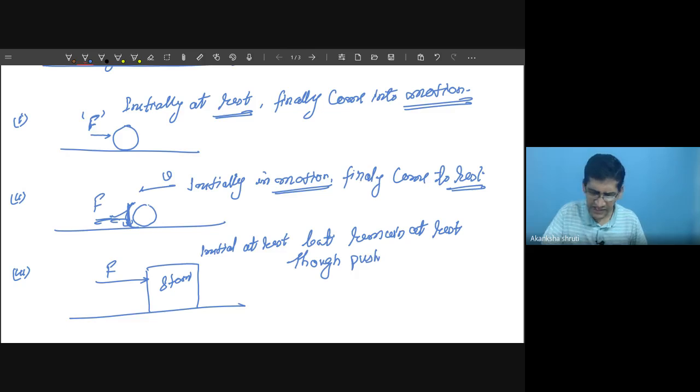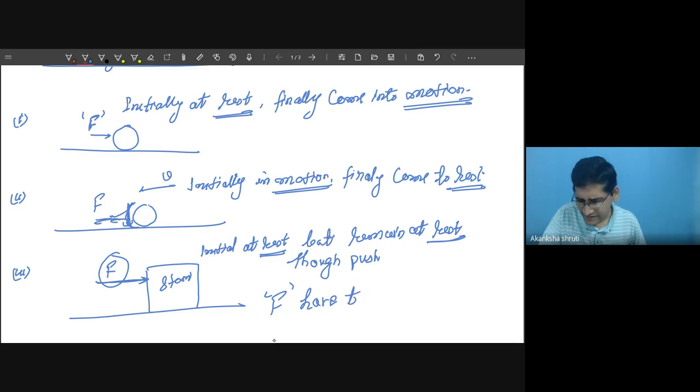So in such a case, where you are applying the force but you are not able to change the state, it was at rest initially and remains at rest.